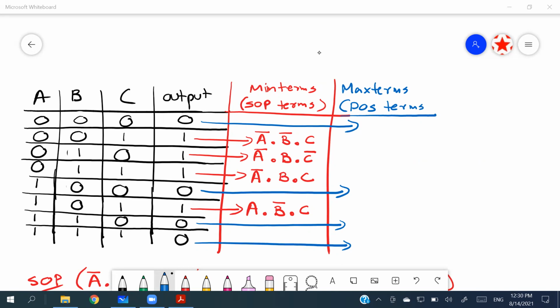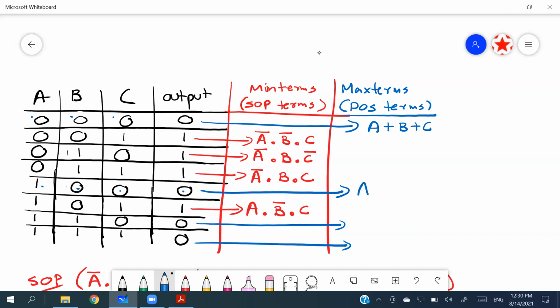So we know when we are writing the POS terms, 0 is considered as the natural state, that means A. 1 is considered as the A bar, right? So here for this 0, we got 0, 0, 0. So we write it like A plus B plus C. And for this 0, we got 1, 0, 0.